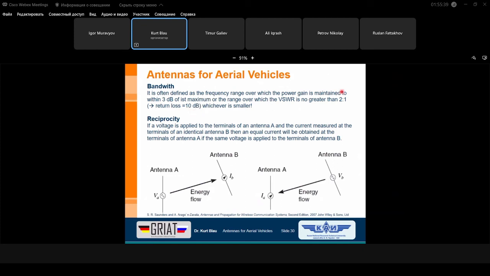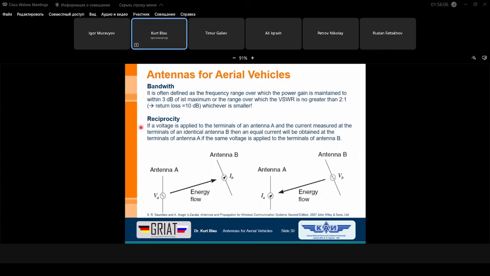Okay, and in voltage standing wave ratio, this value corresponds to 10 dB, and it's not greater than 2. The bandwidth is given by a voltage standing wave ratio not greater than this value 2.